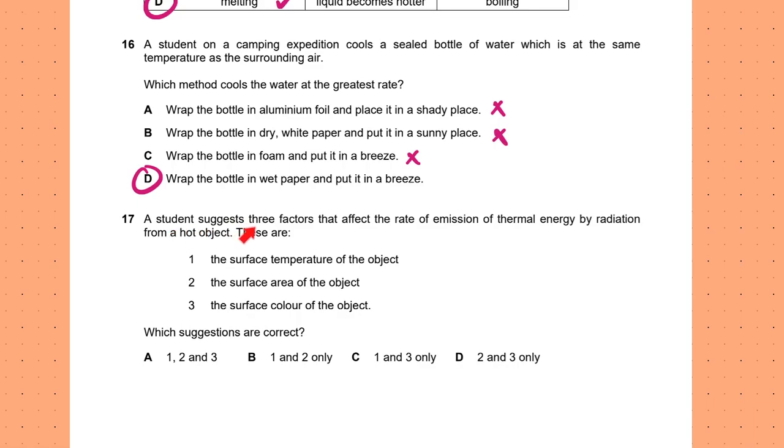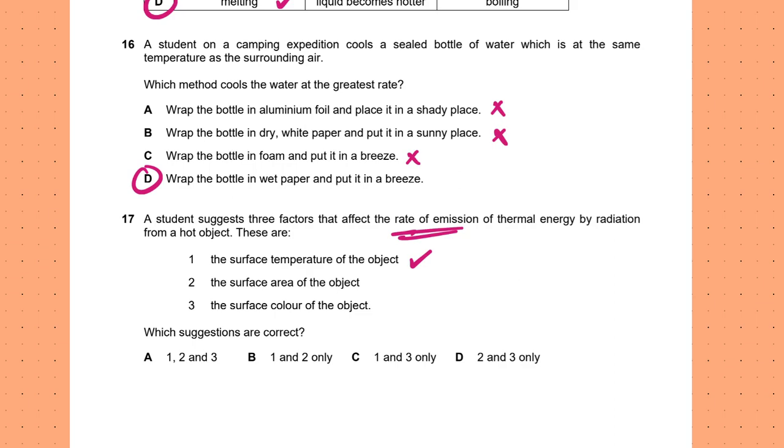17, a student suggests the 3 factors that affect the rate of emission of thermal energy by radiation from a hot object. These are surface temperature, surface area, and the surface color of the object. Again, look at this. It's asking for the rate of emission, right? So what factors affect the rate of emission? The surface temperature obviously does affect how fast radiation happens.